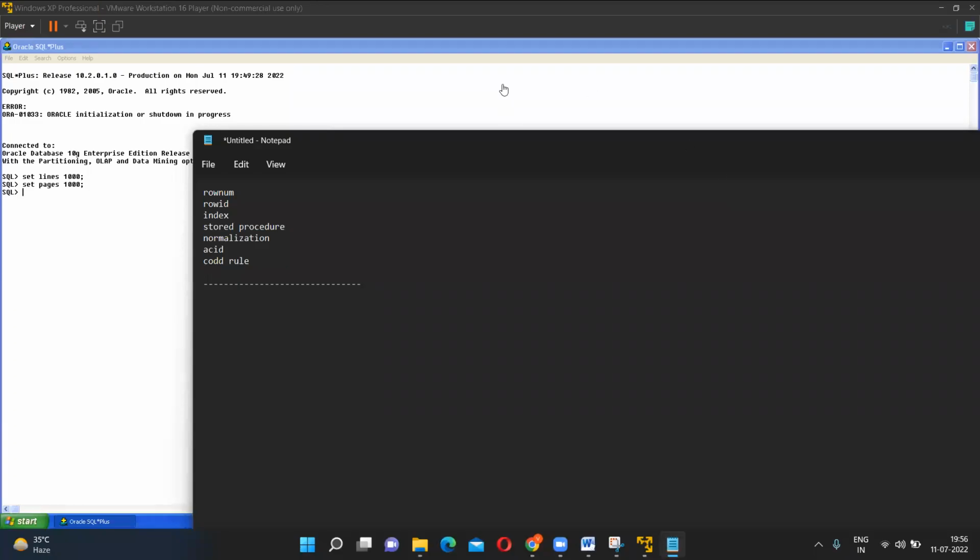So we are going to learn today a topic called Rownum. Have you heard about Rownum? It is a pseudo column. Pseudo means false, okay? In a database. First thing, what is a pseudo column in a database? Next is what?